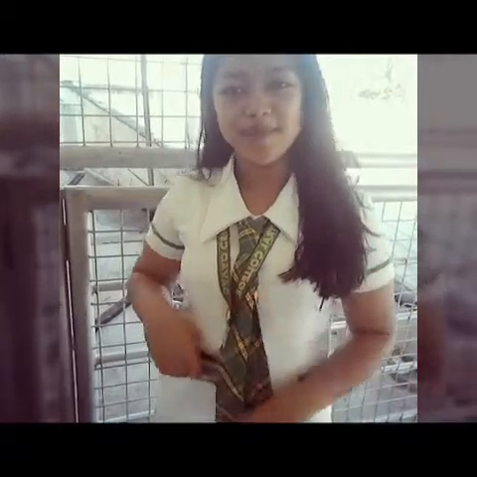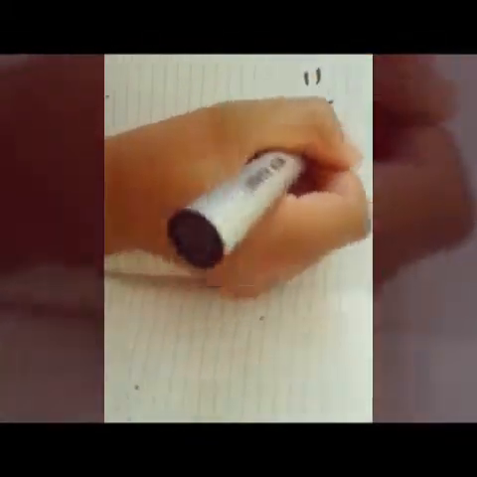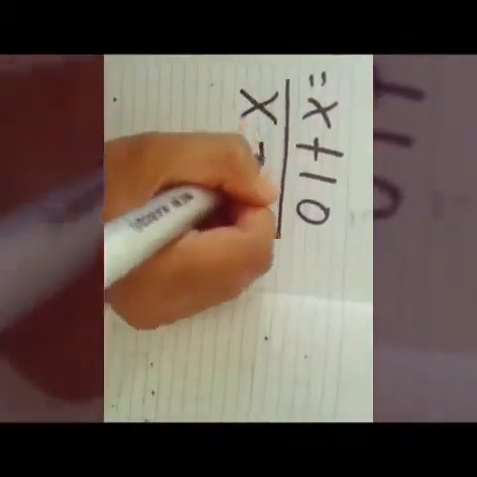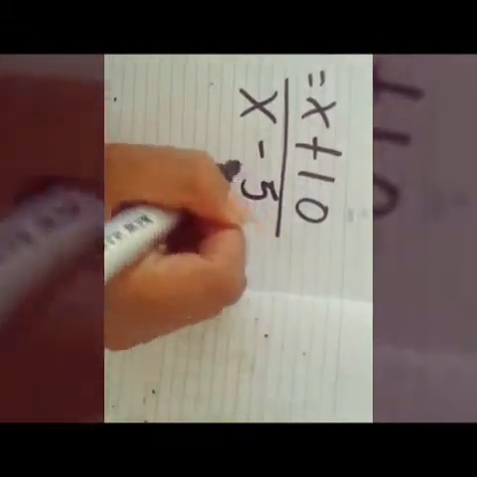You want another example? Now, I will give you more examples. To find the x-intercept, we must substitute 0 for y or f of x. 0 equals x plus 10 all over x minus 5.